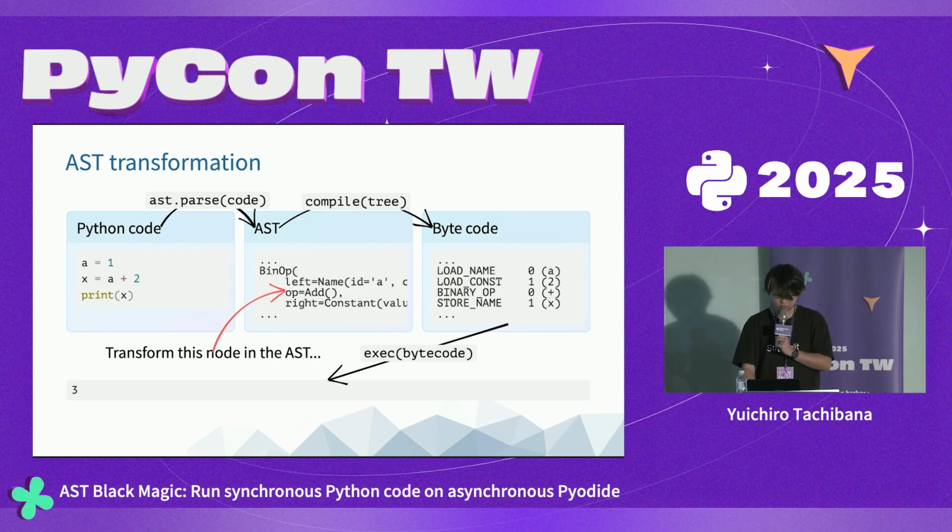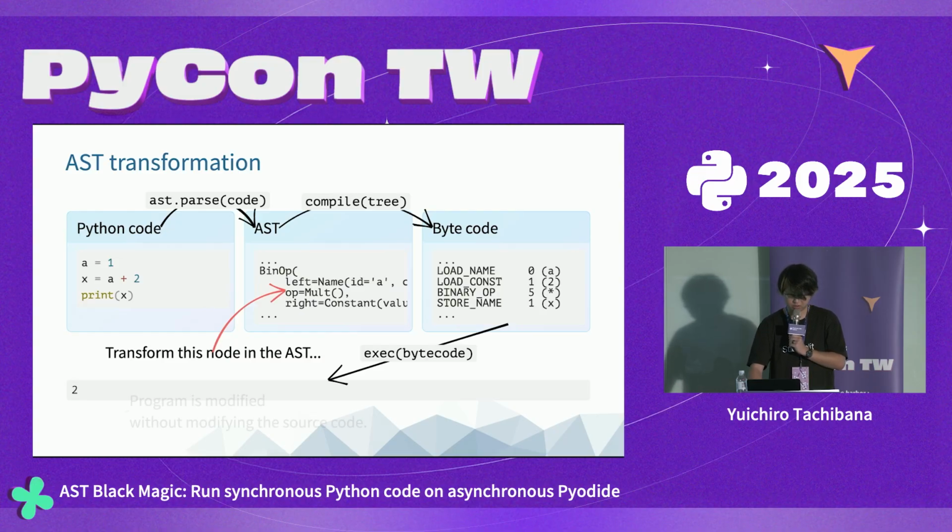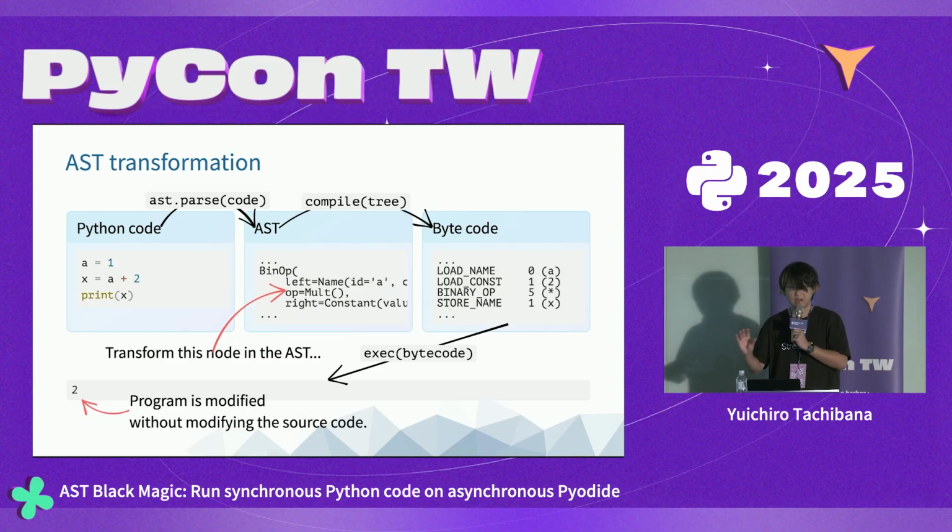For example, what if we replace this Add node with Mult, meaning multiplication? As we've changed the AST, the compiled bytecode is going to change. Then the final result of the program has changed without modifying the original source code itself.